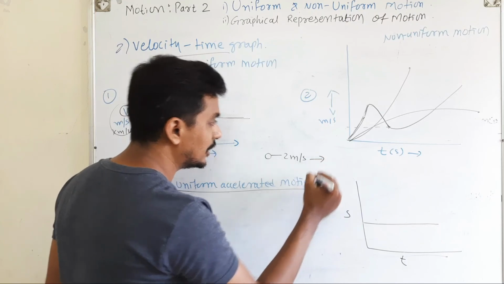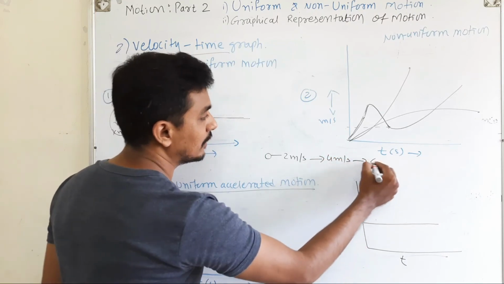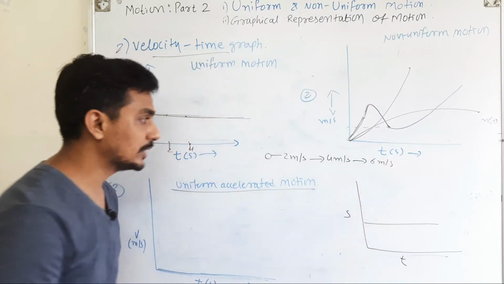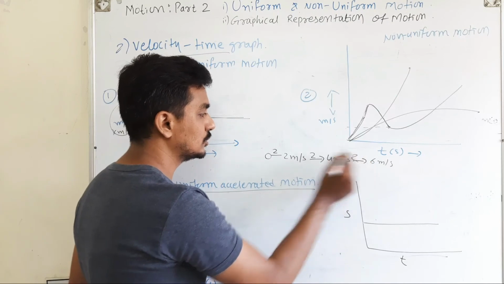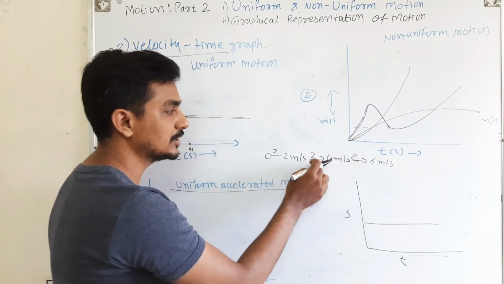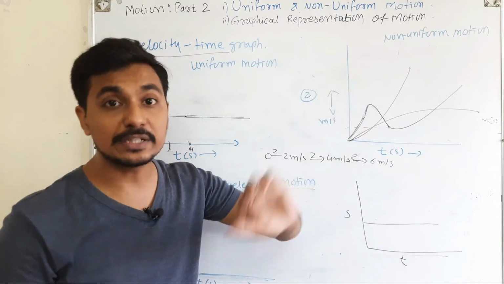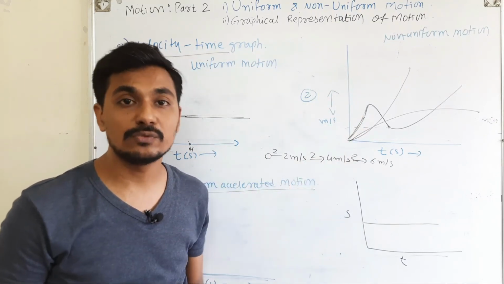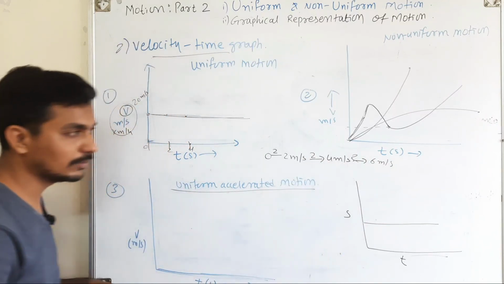In the next second you acquire a velocity of 4 meter per second. In the third second you acquire a velocity of 6 meter per second. So at each interval the change in velocity is 2, 2, 2. So 0 plus 2 is 2, 2 plus 2 is 4, 4 plus 2 is 6. So here the change in the velocity is uniform. Such a type of motion is called uniformly accelerated.